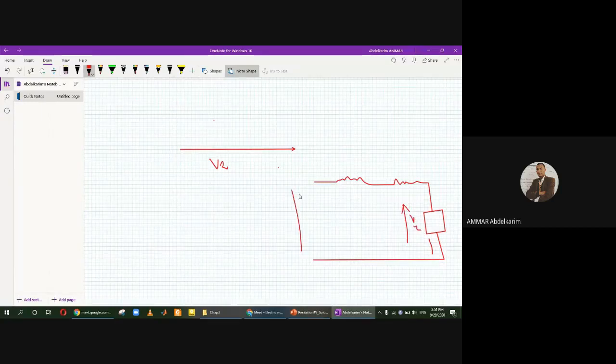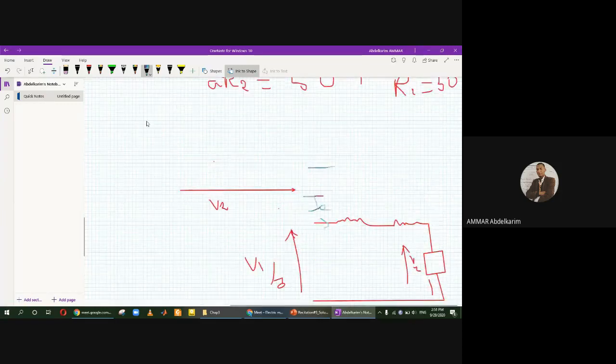This is V1 over A, and this is the current I2. The current is shifted by the theta angle. Theta, the angle between the current and the voltage, is the global shifting angle.